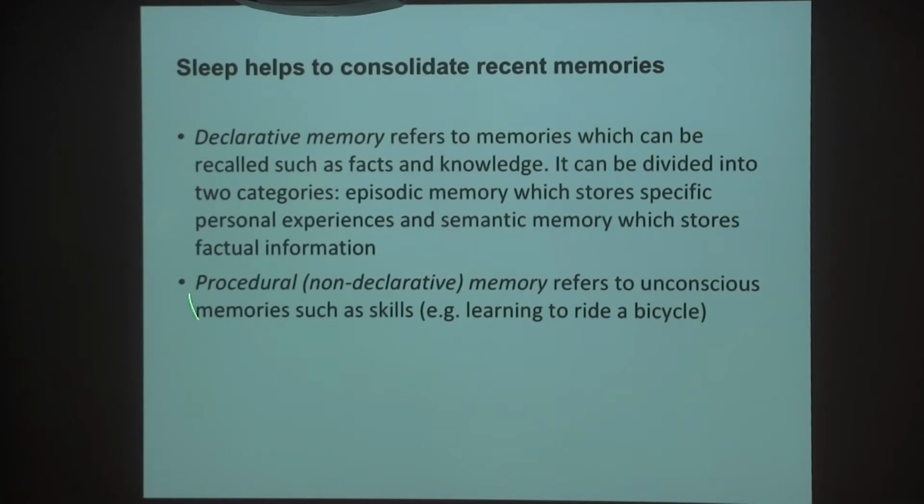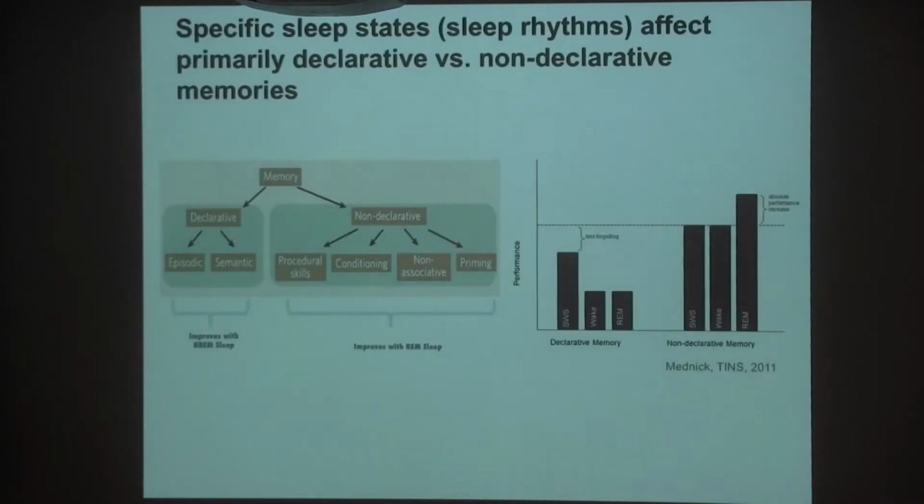And there is procedural memory, also called non-declarative or hippocampus-independent memory, which is generally memory related to skills like playing piano, riding a bicycle, and so on. This is another version of the same diagram.